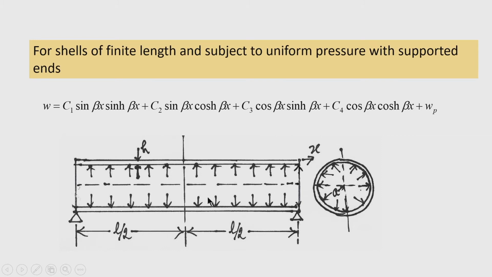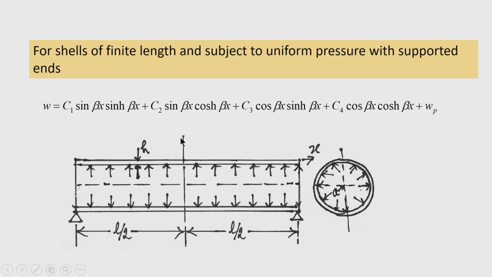Now, if the origin is taken at the center of the pipe or shell that you are noting in this figure, then we can take advantage of the symmetrical terms in the expression of deflection.